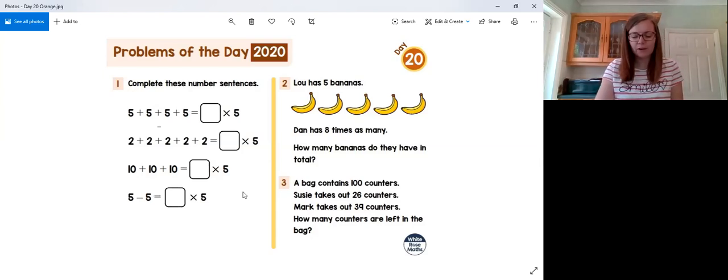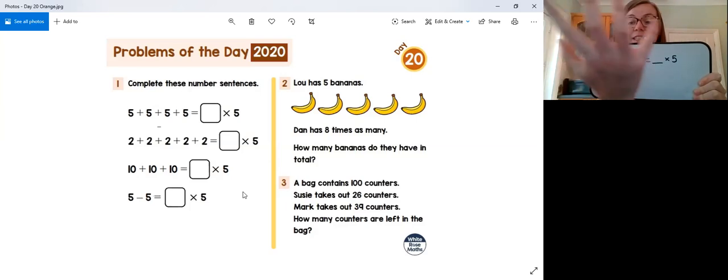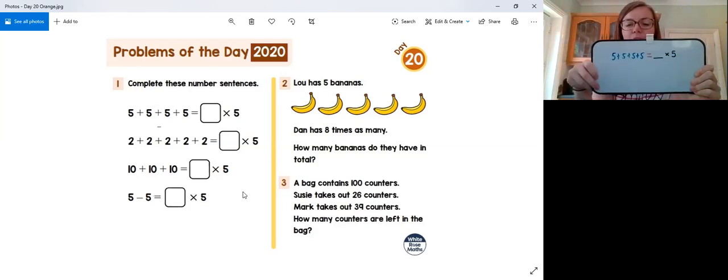Then we have an equal sign, and then we have something times 5. Because there is an equal sign, whatever is on this side will total the same as this side.